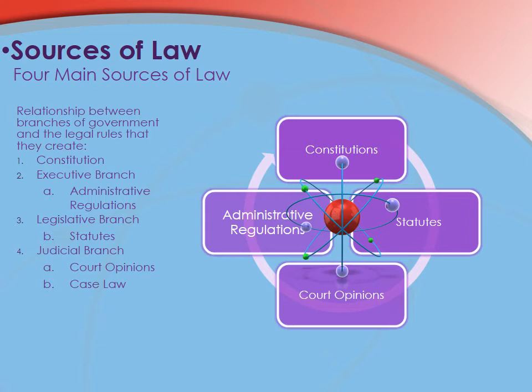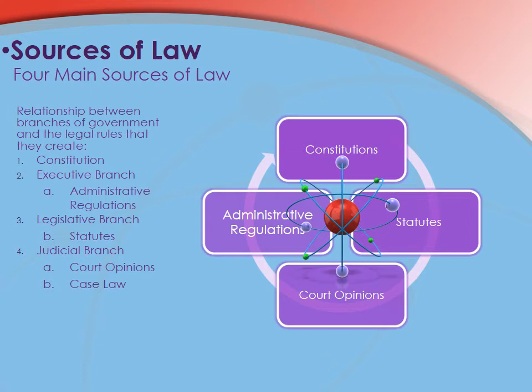So when you're doing your legal research, you want to know this and keep this in mind. So if you're dealing with a Social Security claim, you want to look for administrative regulations related to that, starting there. If you're dealing with civil rights claims, you want to start with constitutions and determine what particular amendment was violated.